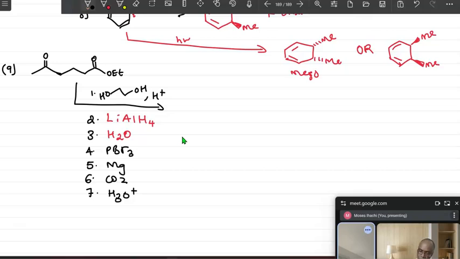I'm stuck. Okay. With the CO2 and H3O+, I know what it does. Does it just convert it to a carboxylic acid? That's all I'm thinking. I'll get there and see where you are.